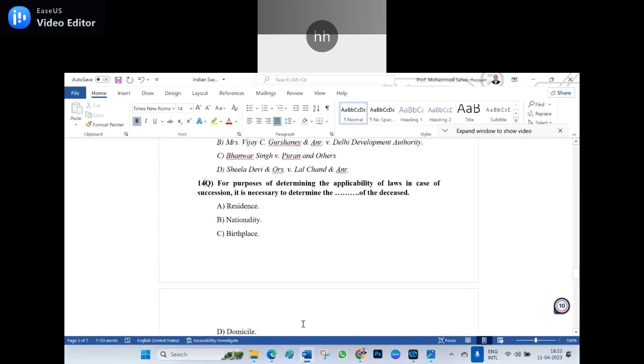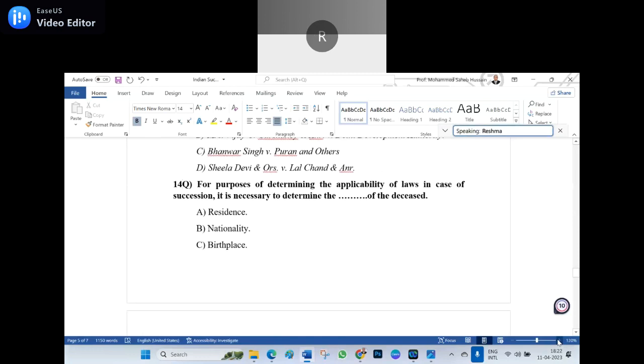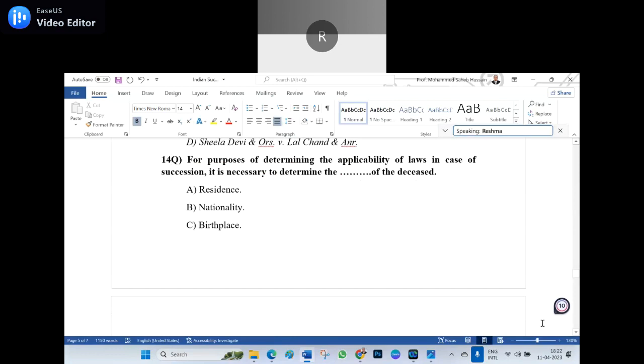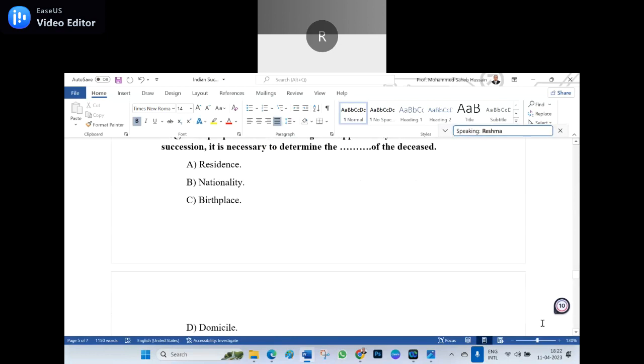For the purpose of determining the applicability of laws in the case of succession, it is necessary to determine the deceased's residence, nationality, birthplace. D, sir. D, domicile.